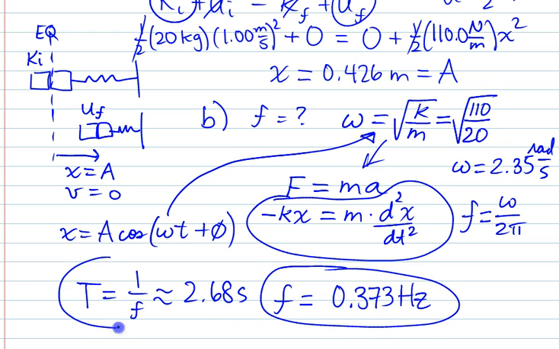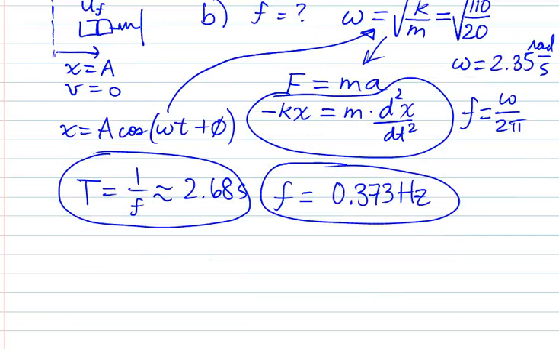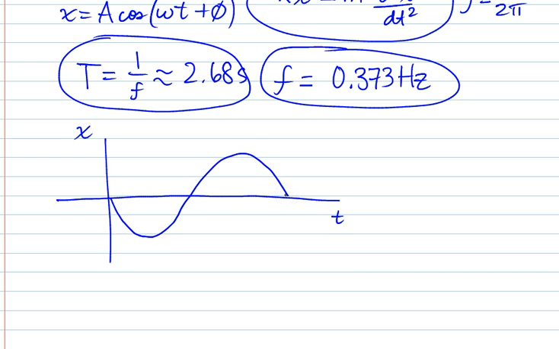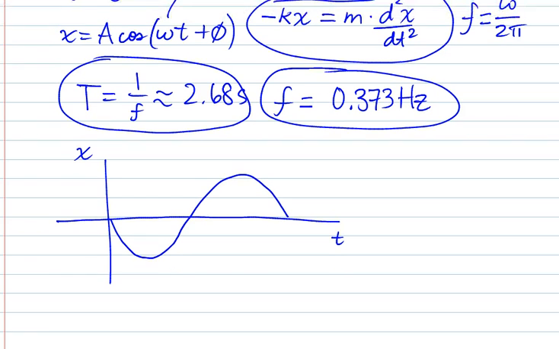Finally, if we want to find the time for the system to return back to its equilibrium, how much of a cycle is that? If we look at the x position versus time, we're going to have something that looks like this.